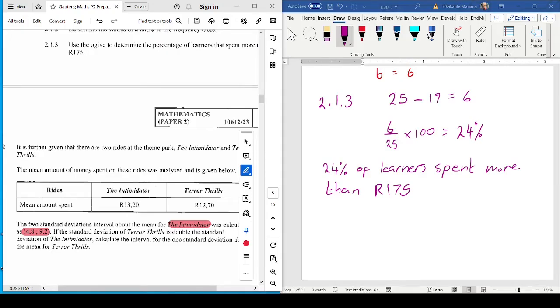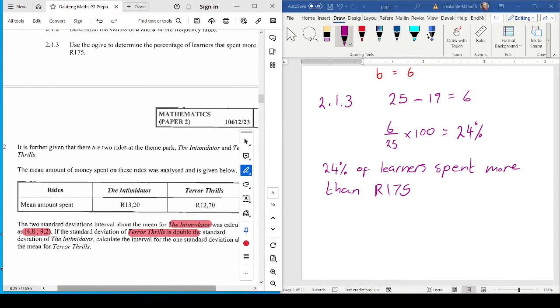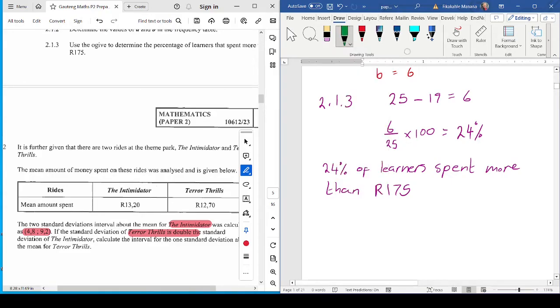It says if the standard deviation of the Terra Trails is double the standard deviation of the Intimidator, calculate the interval for 1 standard deviation about the mean of the Terra Trails. Okay, so let's put these into perspective. Let's choose a color. Let's go green.